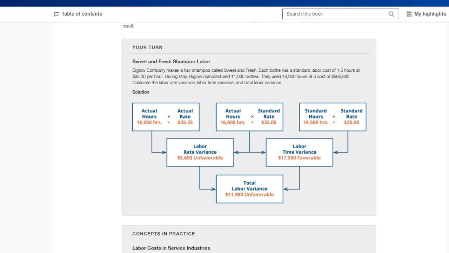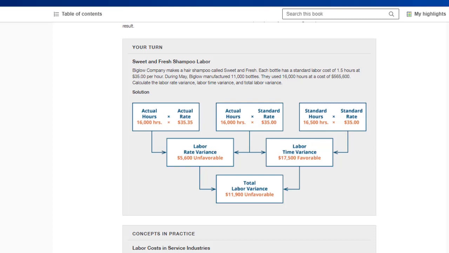I would have originally expected to pay in total $577,500. If you look at the box in the upper right-hand corner, 16,500 hours times $35 an hour, I would do that multiplication.